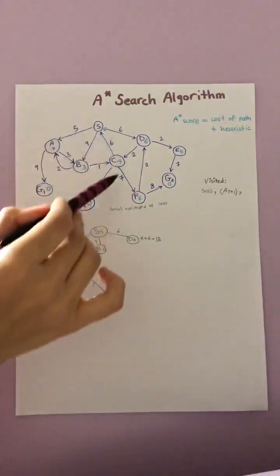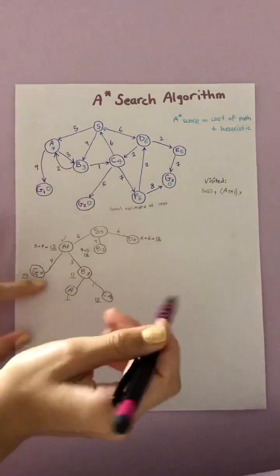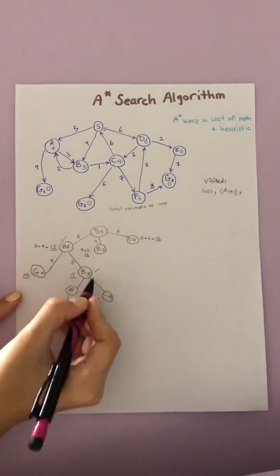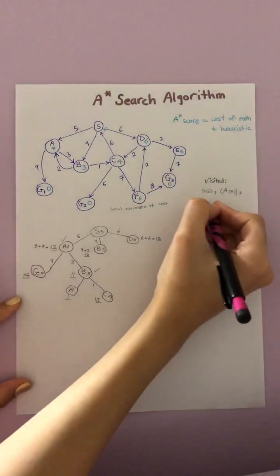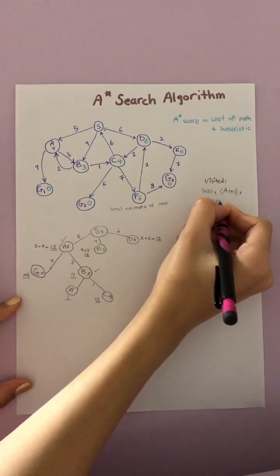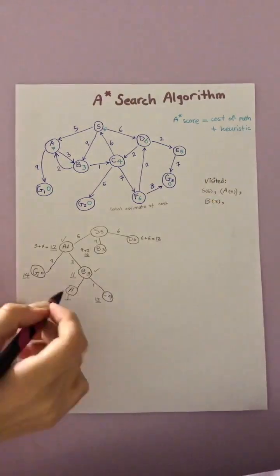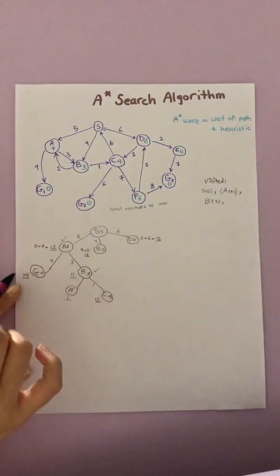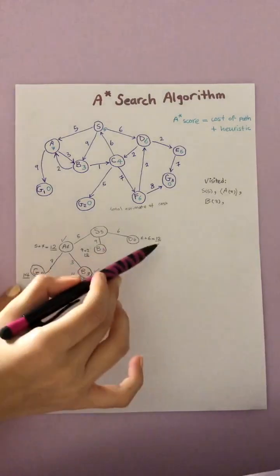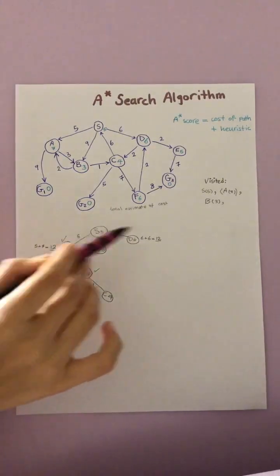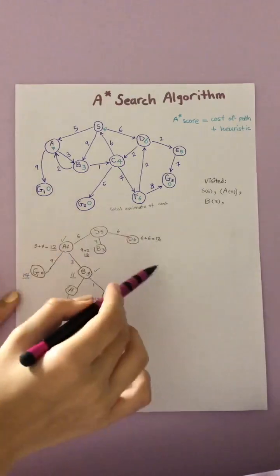Is there any other path we haven't explored? No. So we have already visited B with cost of 3. Okay, among all of this 14, 13, 12, and 12, these two have the least amount.